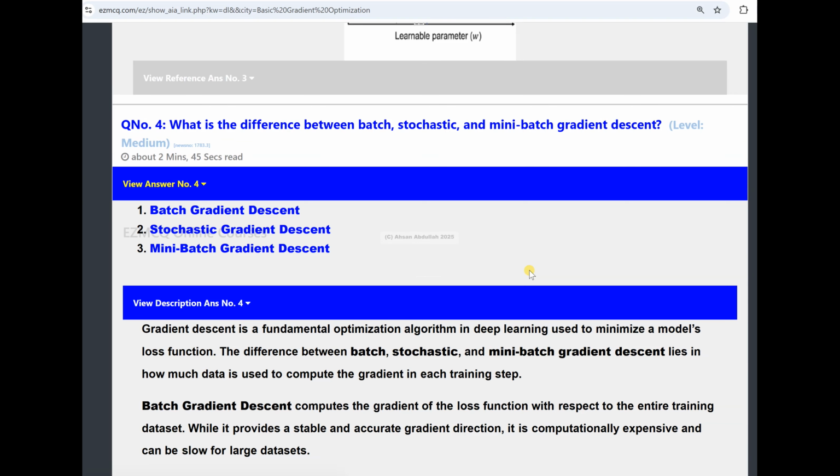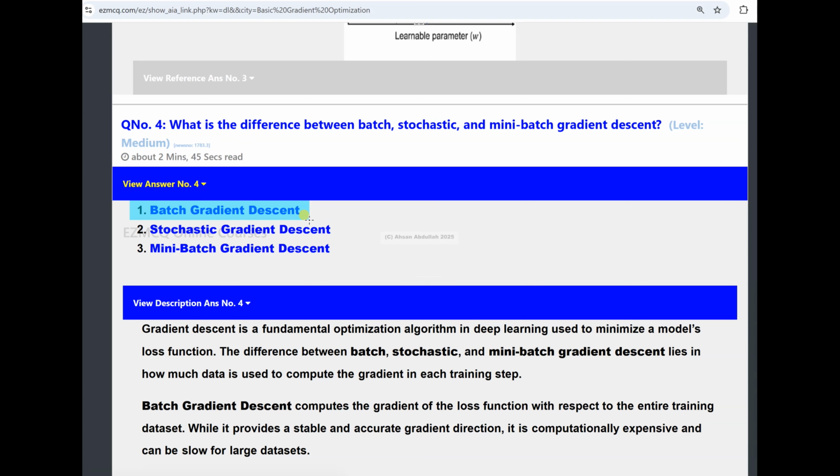Basically the difference between them is how much data is used and how it is used to compute the gradient at each training step. So what is batch gradient descent? Batch gradient descent uses the entire data set to compute the gradients, all the data.